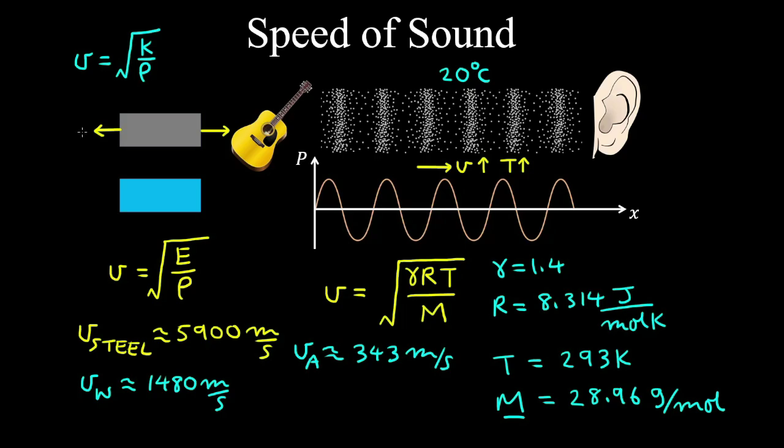So recall our string example. The higher the tension force in the string, meaning the string is stiffer and doesn't move as much in the vertical direction, the higher the wave speed through the material. And this is similar in concept to the speed of sound, except sound waves can be visualized as pressure waves.